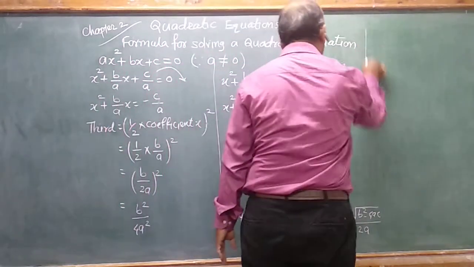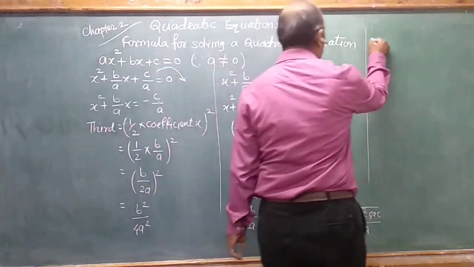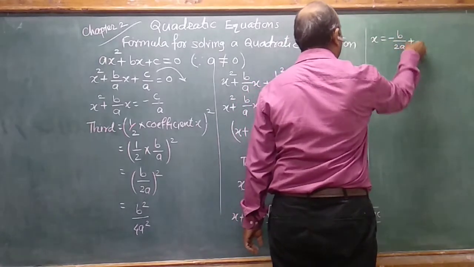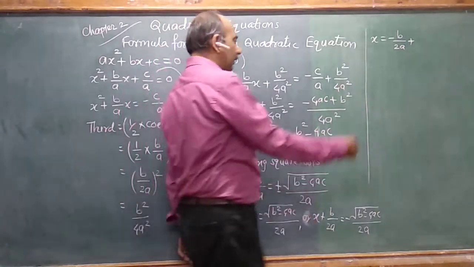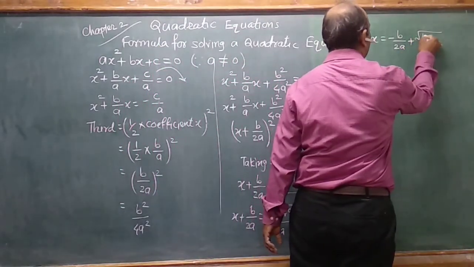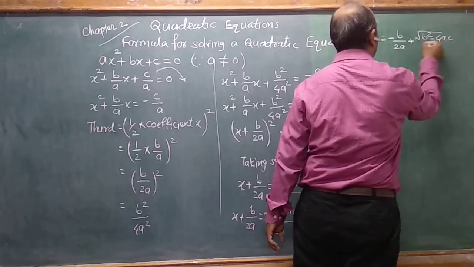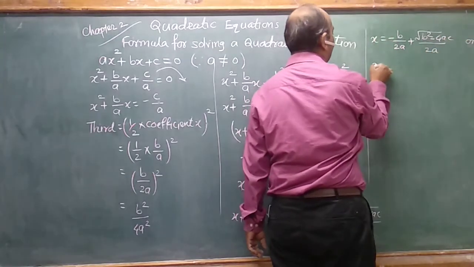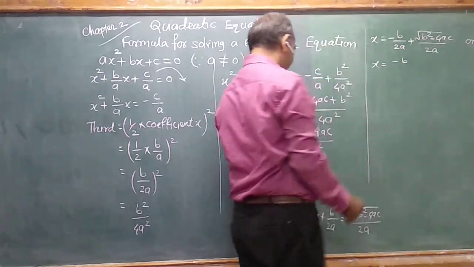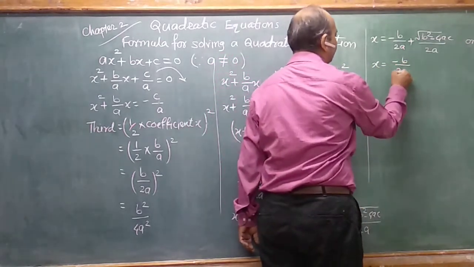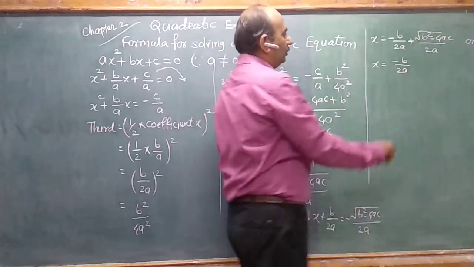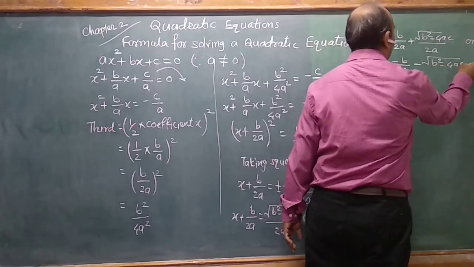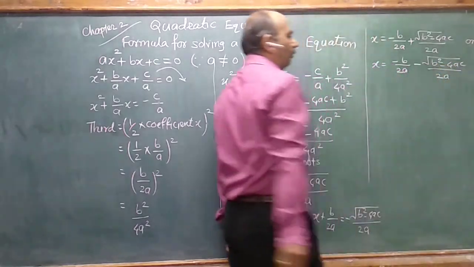Now, to get the value of x, what are we going to do? x is equal to minus b upon 2a plus the square root of b square minus 4ac upon 2a, or x is equal to minus b upon 2a minus the square root of b square minus 4ac upon 2a.